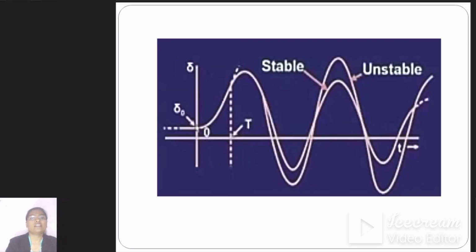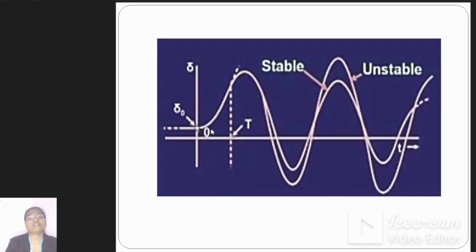So here you can see the variation of the delta angle, that is the rotor angle, with respect to time. Here you can see that we have started with the initial rotor angle delta 0 and the input is the mechanical power Pm. From here the rotor angle starts increasing, and if the oscillations are building up, it means that your damping coefficient is negative.